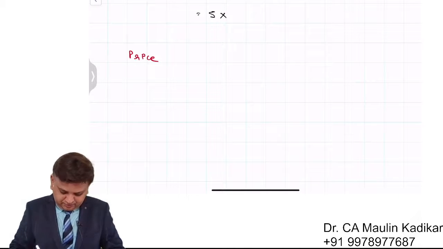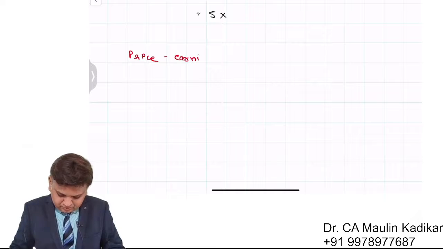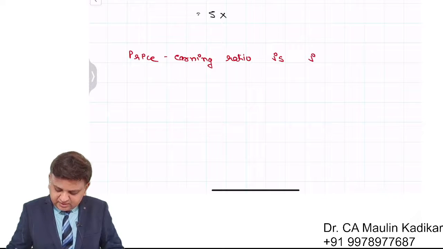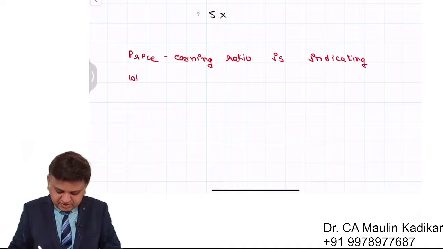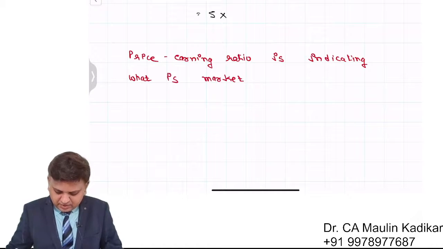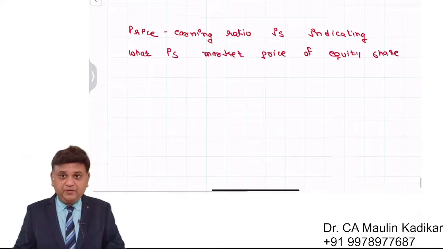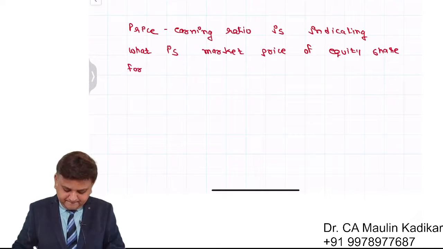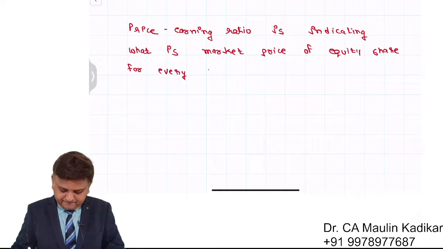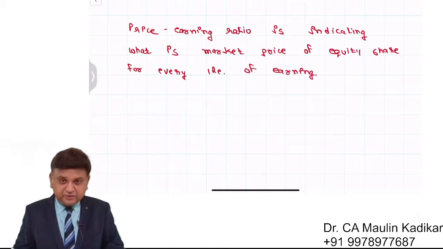Price earning ratio is indicating what is the market price of equity share for every 1 rupee of earning. Full stop.